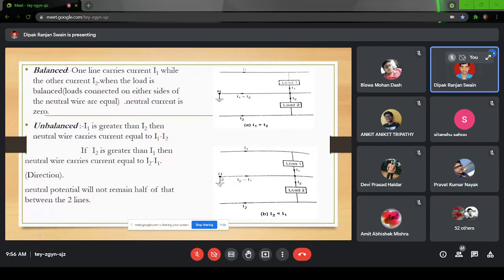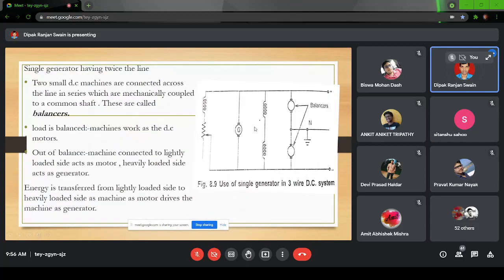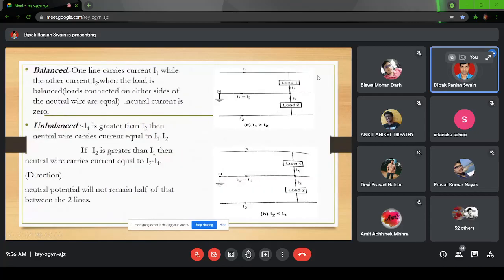Okay. So to balance that, now, what is the advantage of that? If you don't have current in the neutral line, obviously the loss in that conductor is 0. And when you have current in this one, let us say you are having a supply system, few loads are connected to this system and few loads are connected to this system. So what will happen? They will have unequal distribution of voltage across that.